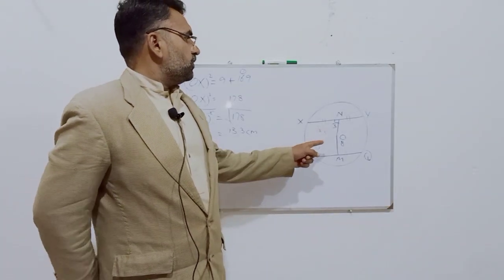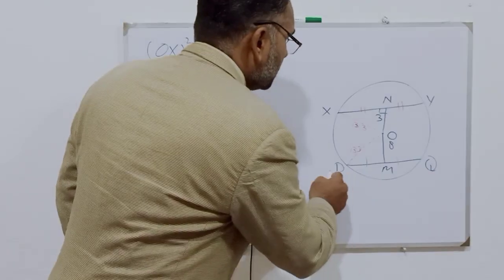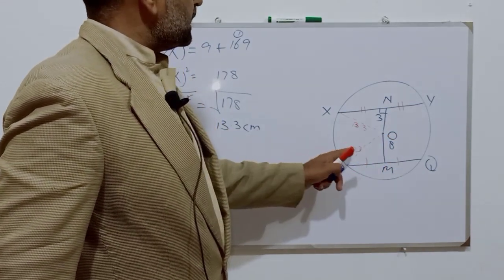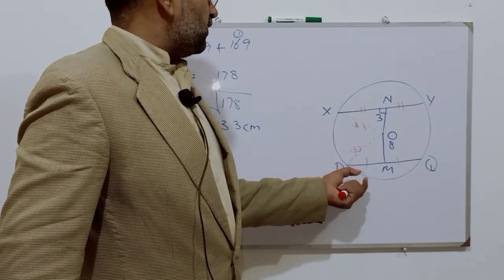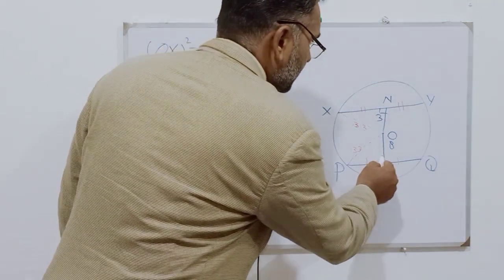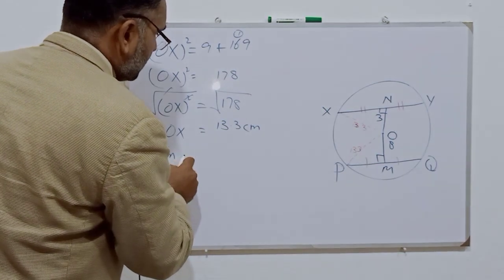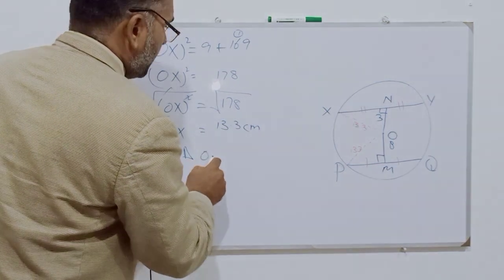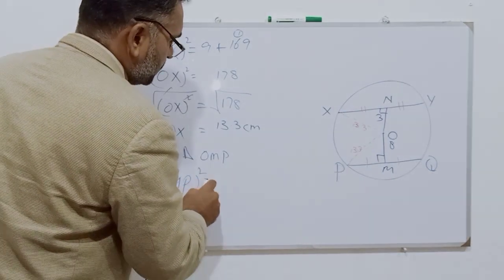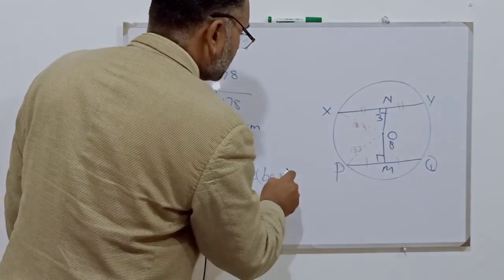Now students, we will discuss triangle OMP, in which OM is 8 centimeter and OP we have found out, that is 13.3 centimeter, and we will find the value of PM, that is the base of the right angle triangle. So again we will use Pythagoras theorem in triangle OMP, hypotenuse square is equal to perpendicular square plus base square.